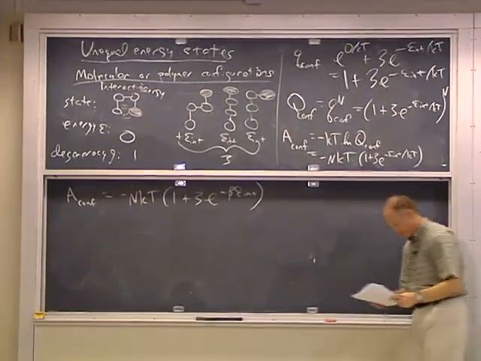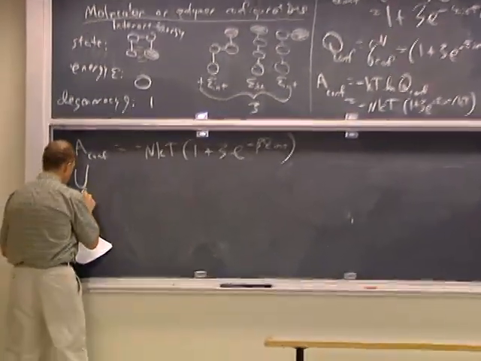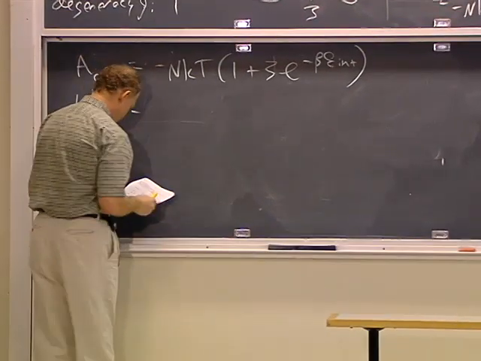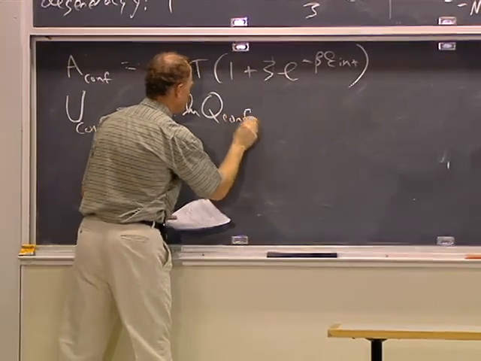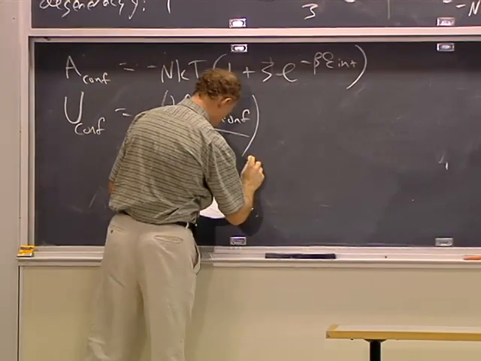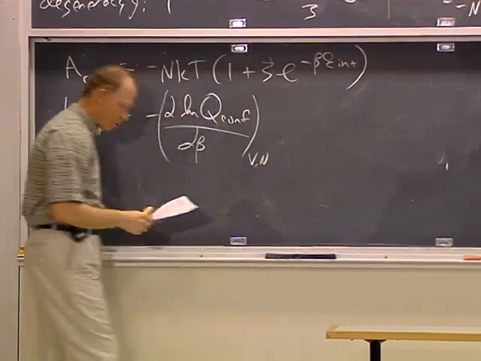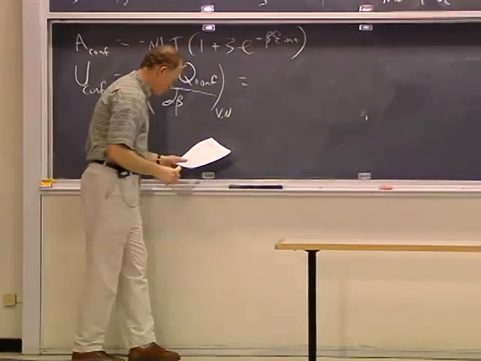And if we look at energy, regular energy, U configurational, it's minus d log capital Q with respect to beta, at constant V and N. And I'll just write the result.